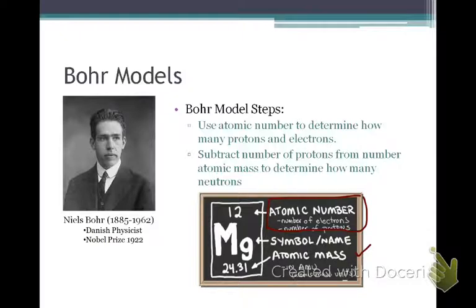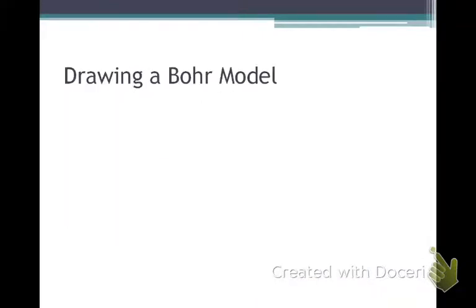I'm going to round that down to 24, subtract the number of protons, and I get 12 neutrons. So now I know that I should have 12 electrons, 12 protons, and 12 neutrons. So on the next slide, I'm going to draw my magnesium.